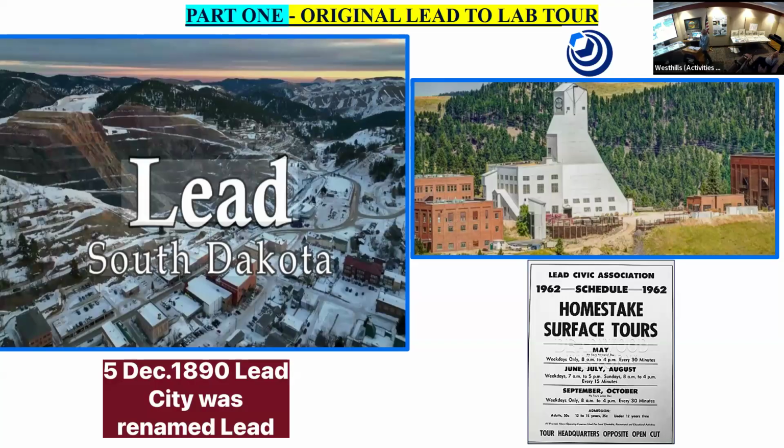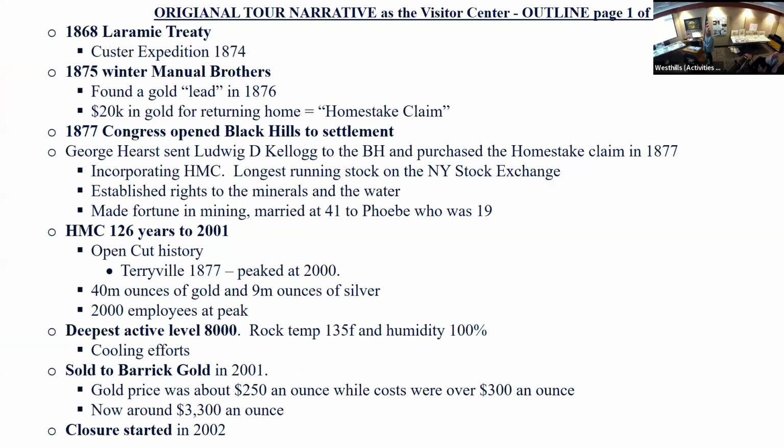A poster here in the lower right-hand corner was from the 1962 Homestake Surface Tour from May till October. I thought it was kind of a cool old poster. This is the original narrative that Dan uses and the other tour guides use when they take people on the tour today.